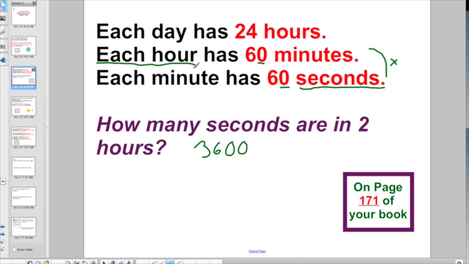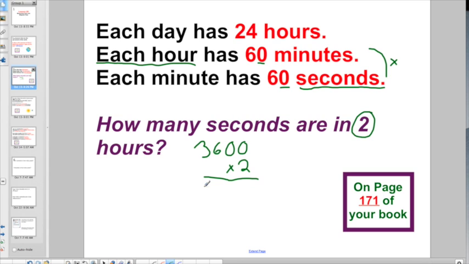But we have one more piece to figure out here, because they want to know in 2 hours. So we have to go and finally multiply that by 2. 3,600 times 2. What's 36 times 2?